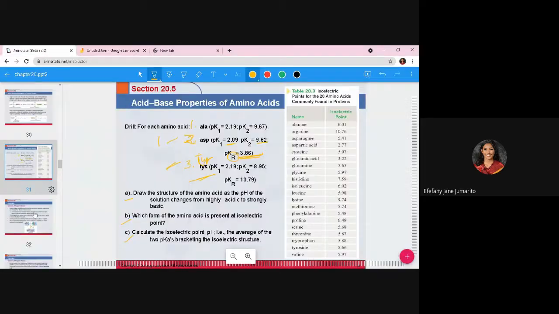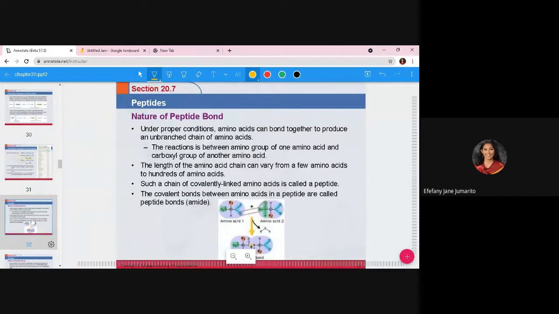Okay, so let's go. We have the peptides, the nature of the peptide bond. Again, the bond that links amino acids is what we call the peptide bond. It's in trans configuration, so the O and the H are in different planes.